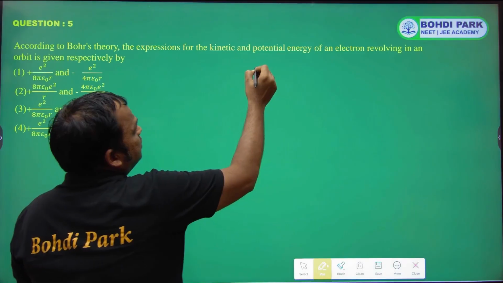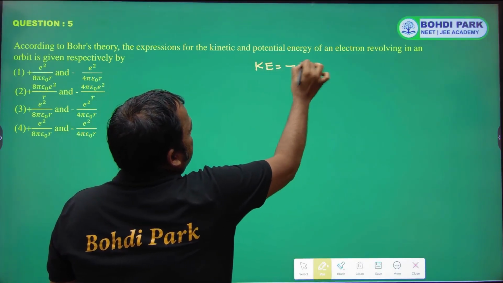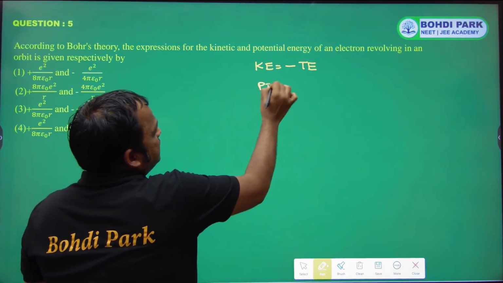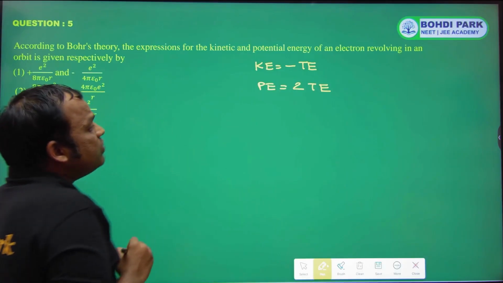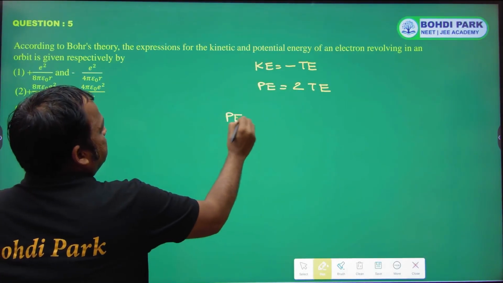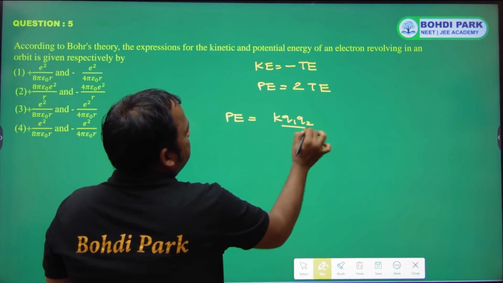So let's recall those relations. So we know that kinetic energy is equal to minus of total energy, and potential energy is 2 times of total energy. And potential energy, we know potential energy is equal to k q1 q2 by r.